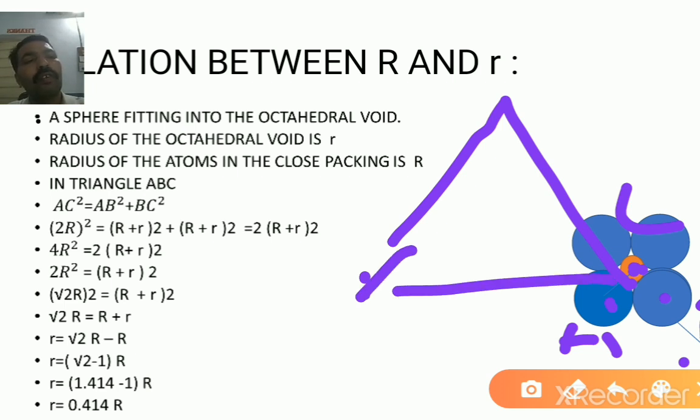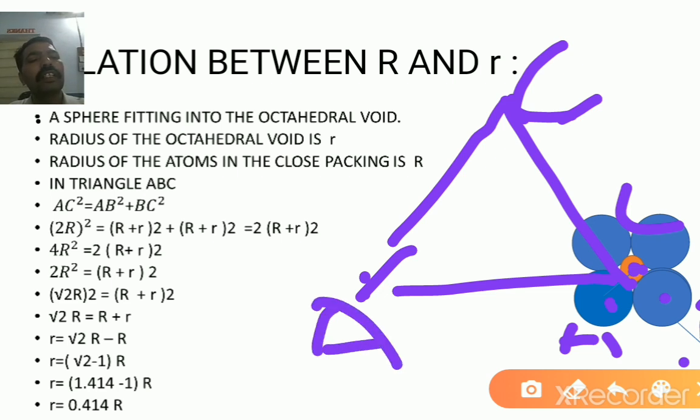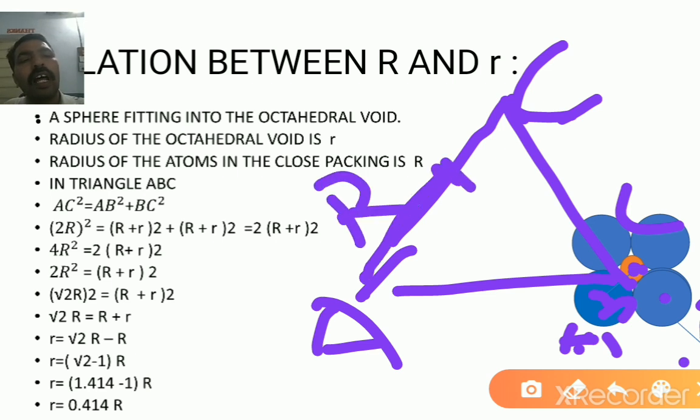This is the center of the octahedral void C, the center of this constituent particle A, and the center of this constituent particle B. The radius of this atom is capital R, and this distance is small r.